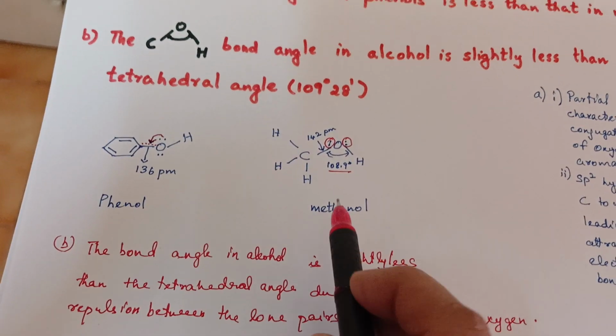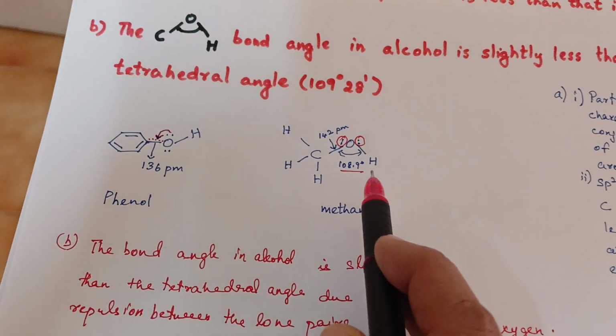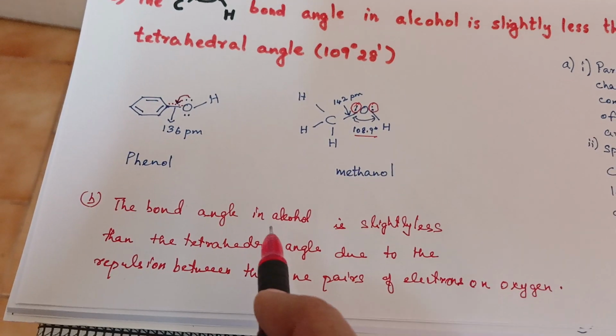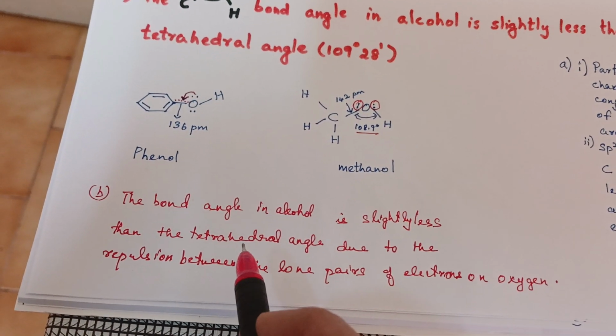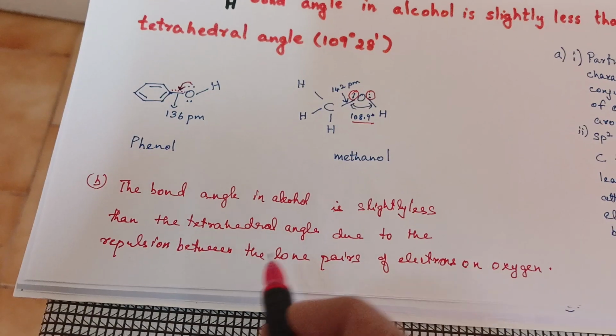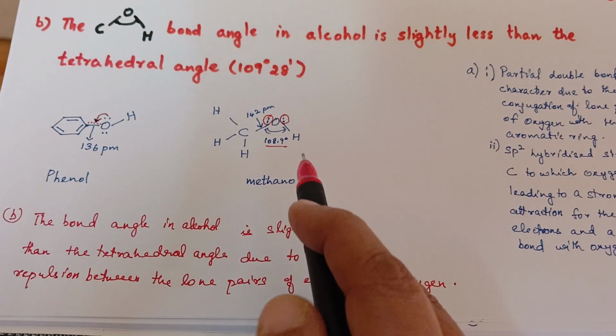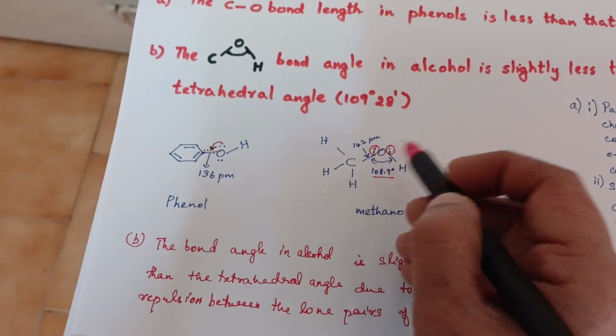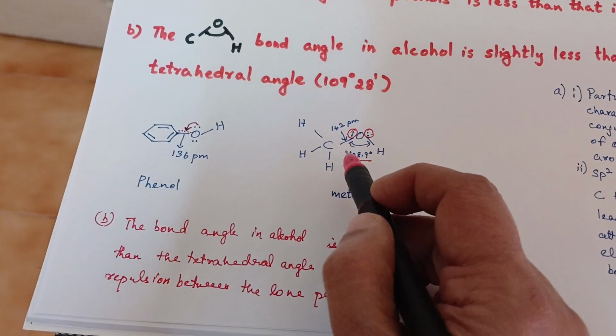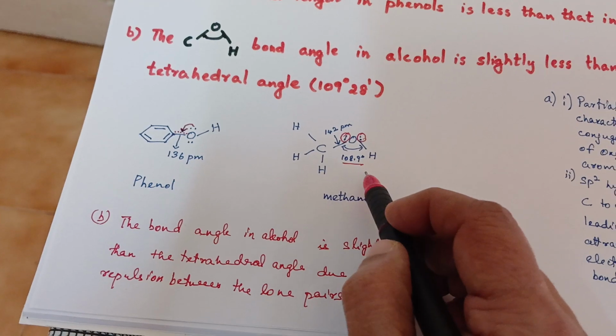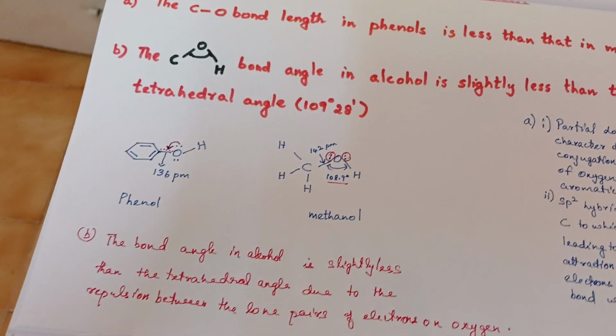So this bond angle is lesser than the normal tetrahedral angle because of the repulsion between the lone pairs of electrons on oxygen. So these lone pairs will push the bonds closer together. So that is why the bond angle is less than the normal tetrahedral angle.